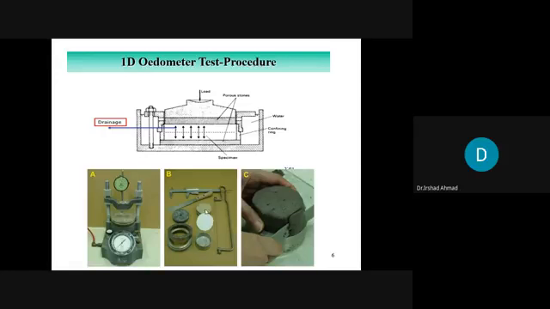Here in this picture, you can see the porous stone. You see in picture B, near the white filter paper, we have two porous stones. On the porous stone, we put the loading cap. This is the loading cap, and then load.